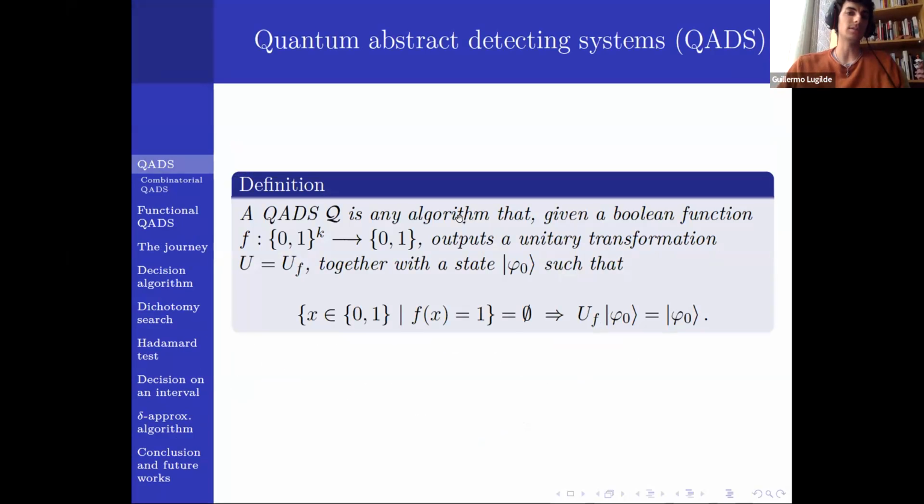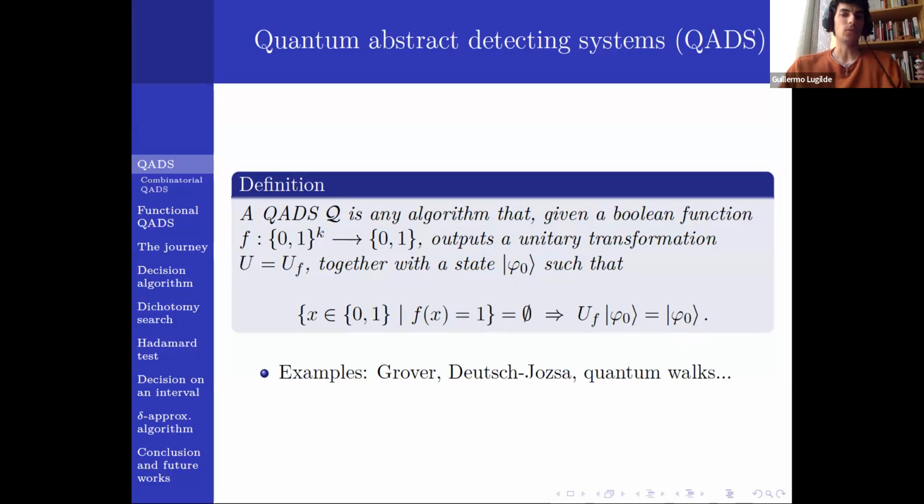And so the point is that when we are given a Boolean function, a QADS will output an initial state and a unitary transformation, which we call the detecting operator, that fixes the initial state when the function is equal to 0, which means that there are no marked elements. So any outcome at the end different from C sub 0 would inevitably mean that there are indeed marked elements.